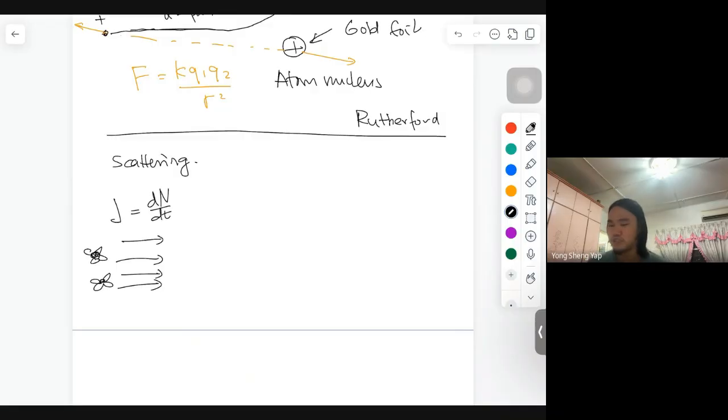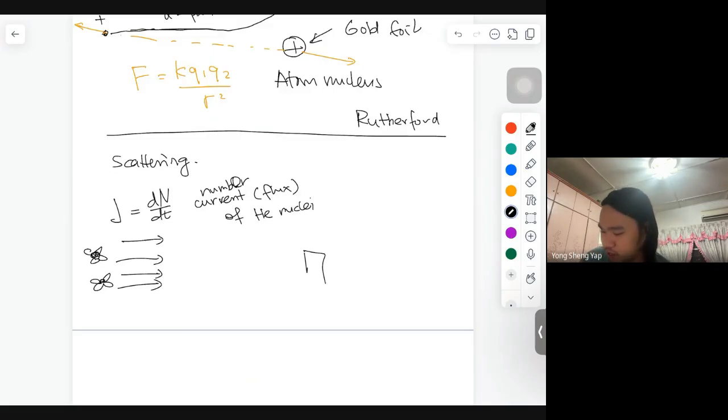This J over here is the number current, or number flux, of helium nuclei, bombarding towards a gold foil over here, and then just seeing where these things land, where they are scattered to. All right, so this was the experiment that he was doing, and this is really cool.